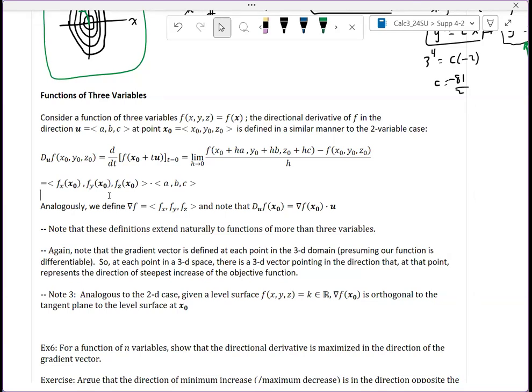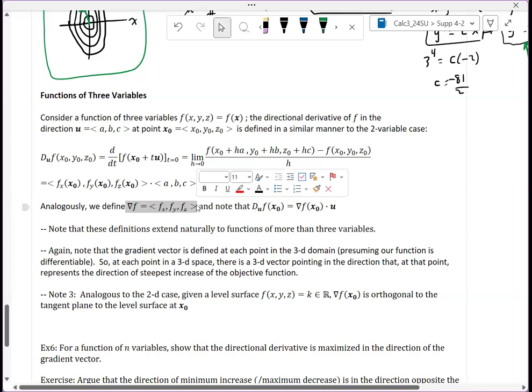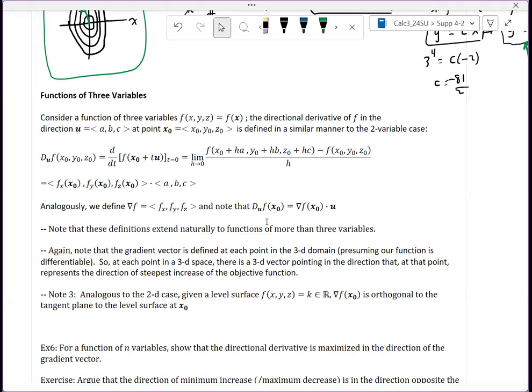So analogously to the 2D case, we define grad f for a function of 3 variables to be a vector with 3 components: partial with respect to x, with respect to y, and with respect to z. And note that just as before, the directional derivative of f in the direction u at point x0 is just grad f of x0 dotted with direction u.